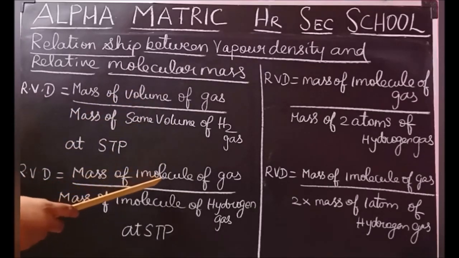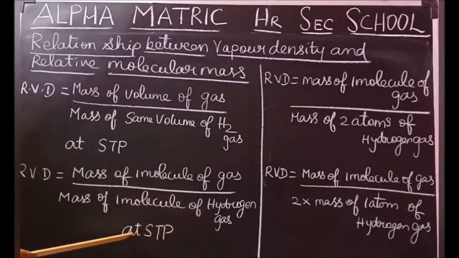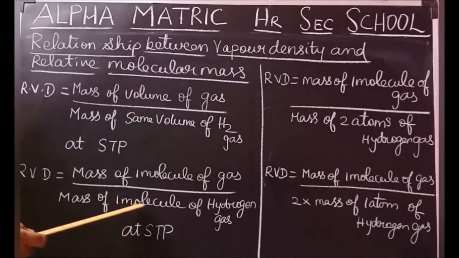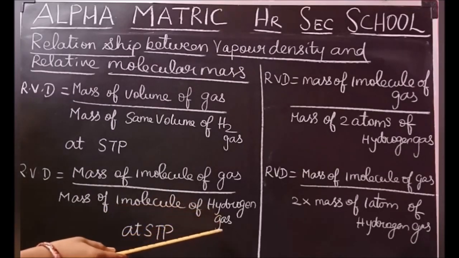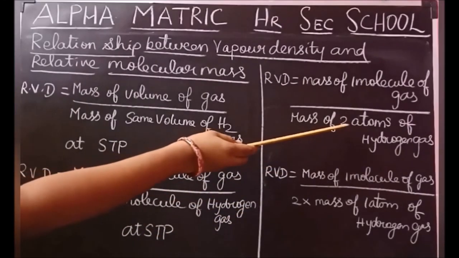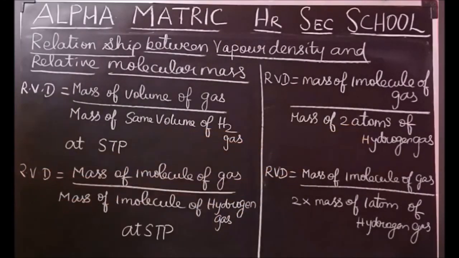So mass of one molecule of gas to the mass of one molecule of hydrogen gas at standard temperature and pressure. Here one molecule of hydrogen gas, H2, contains 2 atoms. So the one molecule of hydrogen gas can be replaced by 2 atoms of hydrogen.